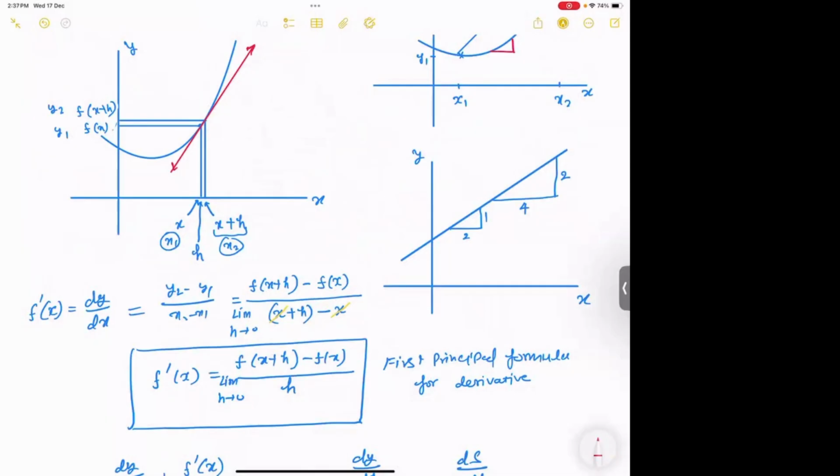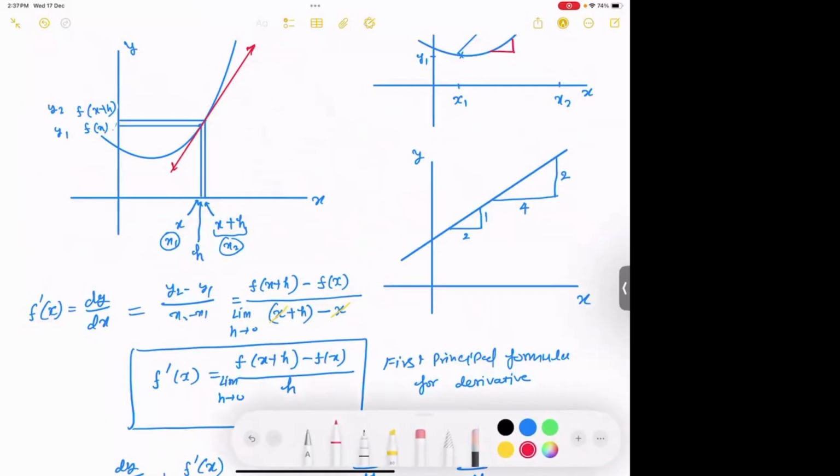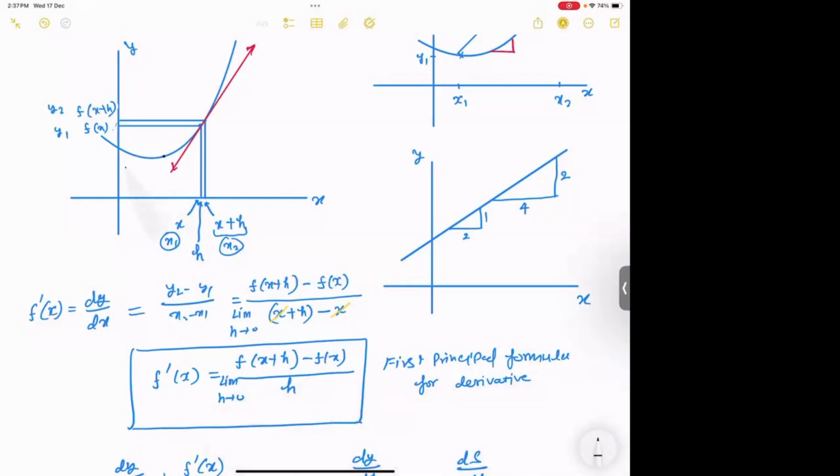And we change the point. Let's say I'm taking another point. If I'm drawing another tangent at this point, we will get the gradient of the curve, which is same as the gradient of the tangent at that point.